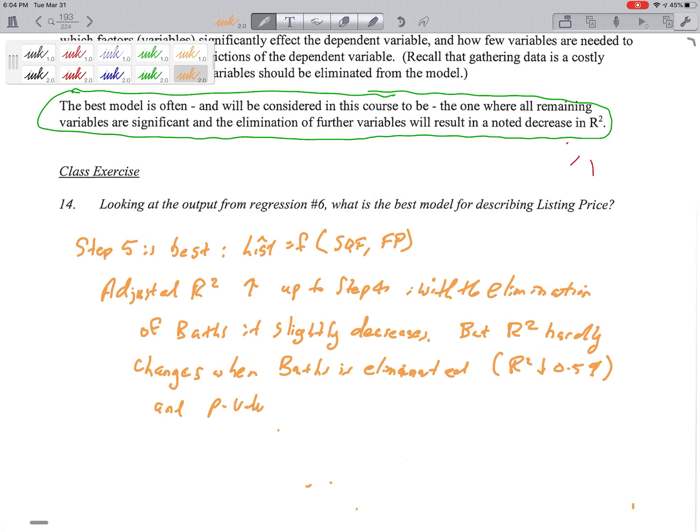And the p-value for baths was equal to 0.24. So therefore, eliminating baths has almost no effect.